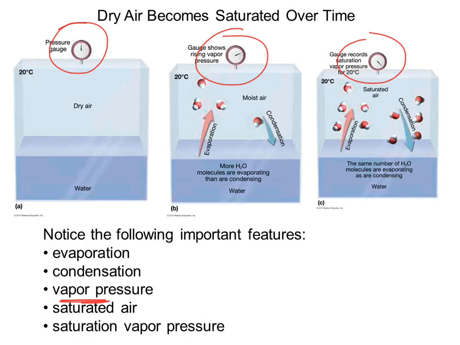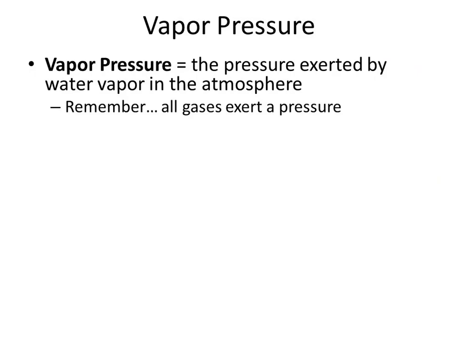The more the deflection, the greater the pressure in there. Only that last one is the saturation vapor pressure. Why? Because evaporation is equal to condensation. It just is. So we can make a headspace saturated, like that.